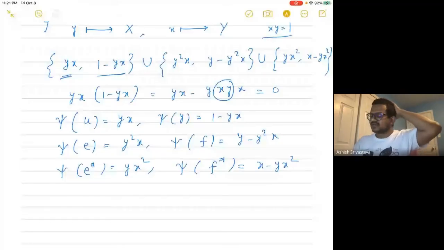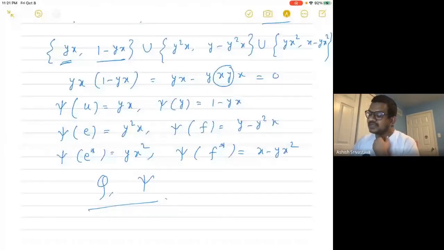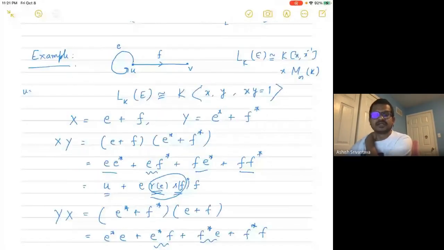Okay, and then one can check that these are inverses of each other. And so you have this algebra isomorphism between the Leavitt path algebra and this.